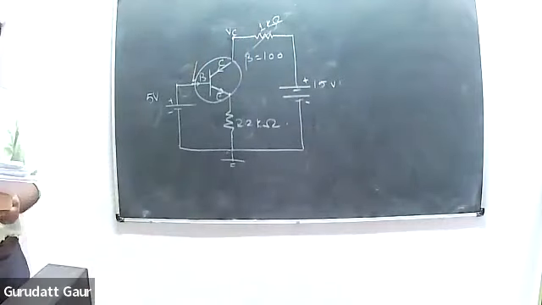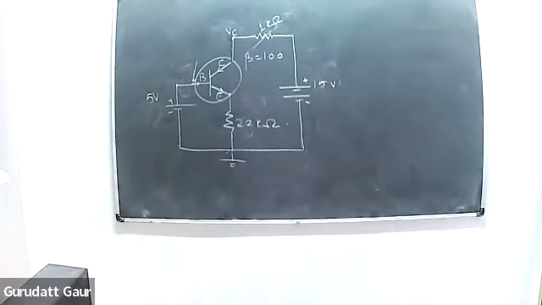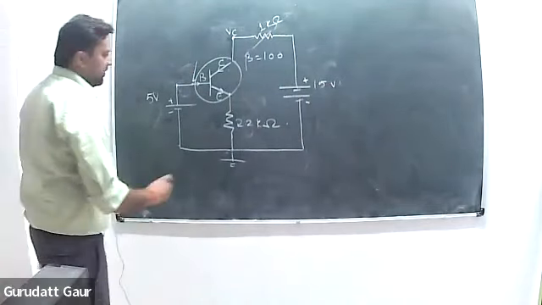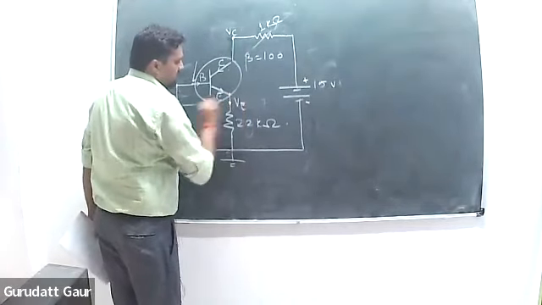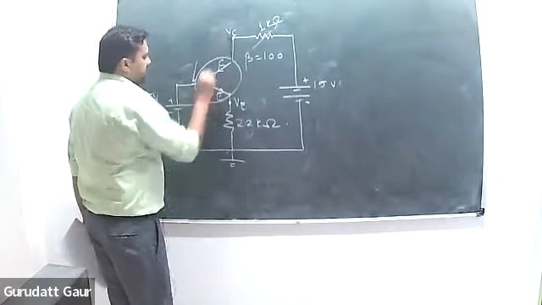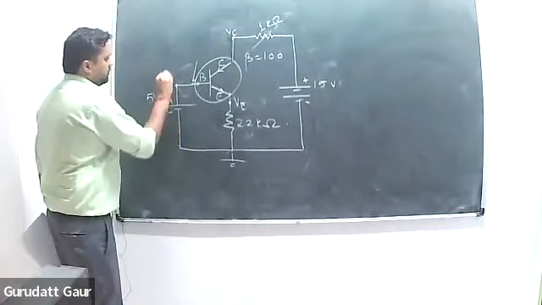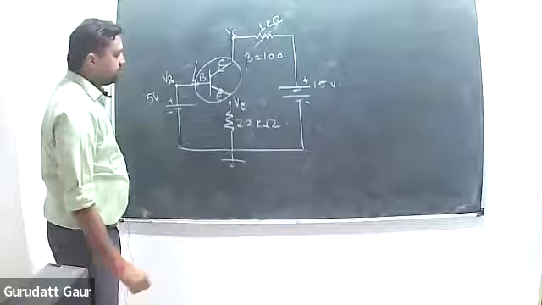That's what we have. So now the procedure will change a bit. First thing is we need to find out this voltage, which is VE. This is VC. This is VB. So what will be VE now?